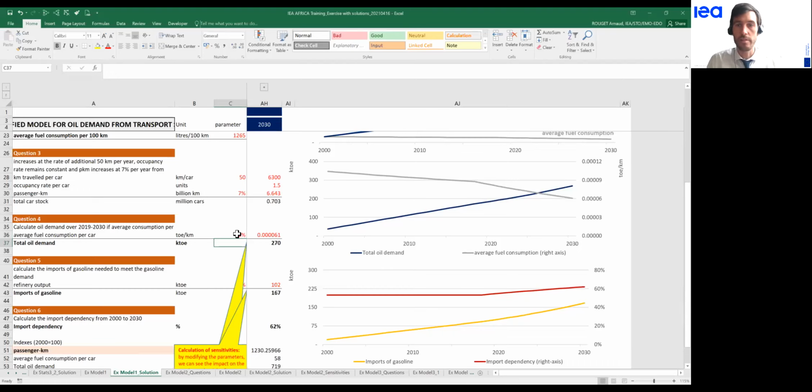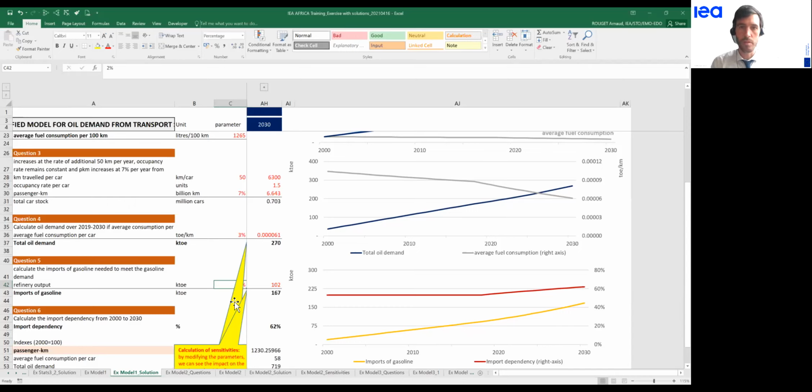And this will play on reducing the demand for oil. Then we can also imagine that with a strong policy on developing further the local refineries, there could be higher production of gasoline. So we were at 2% annual increase in the refinery activities.